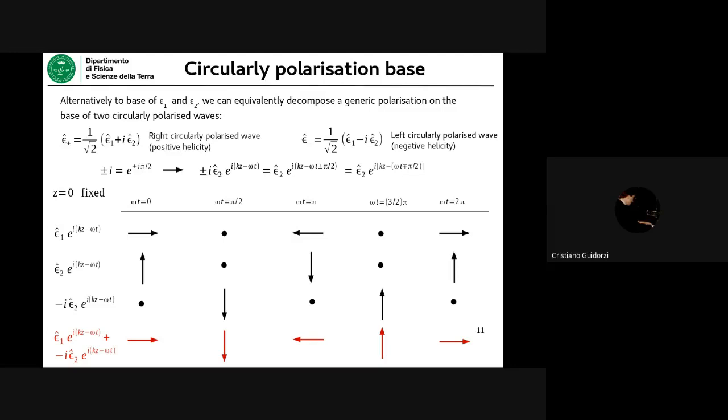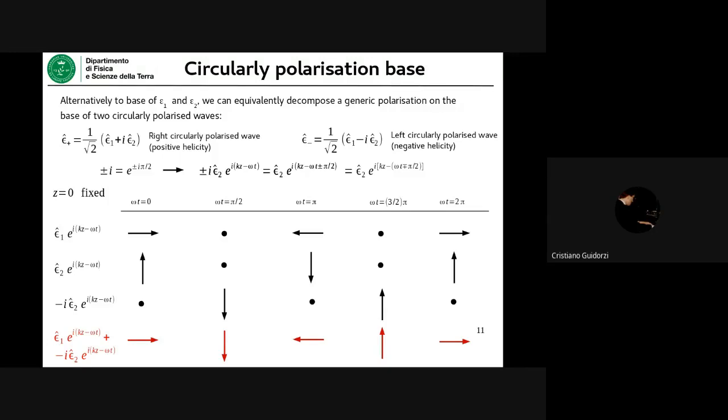So if you want to use your thumb pointing to the direction of propagation and the other fingers showing the way the electric field rotates, you necessarily have to use the left hand. Just try yourself. That's the reason why it is called left circularly polarized.